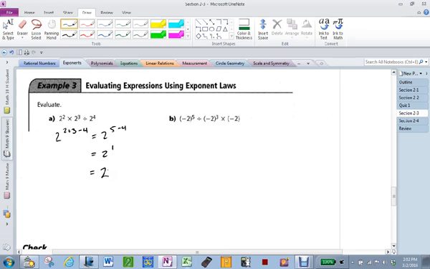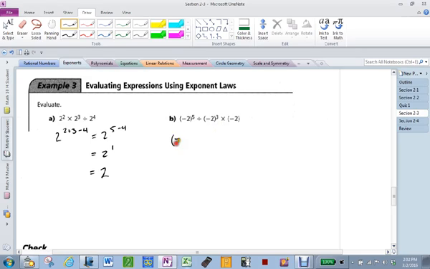All right. Now look at this one. I got divided by, I got times, and I got 3 negative 2's. What's the base? Negative 2. Why, Liam? Because of brackets. Good man.